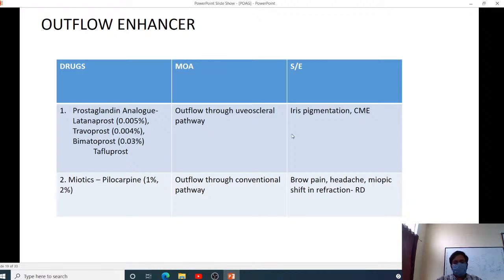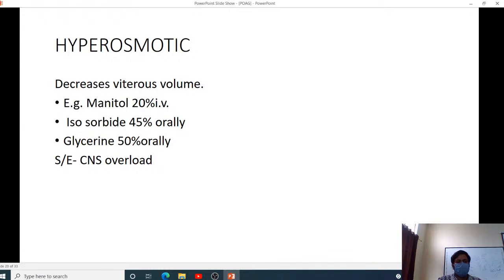They are iris pigmentation, cystoid macular edema, and anterior chamber inflammation. So it causes iritis, okay, and it causes skin changes in the lids, and also pigmentation of the conjunctiva and sclera. If the patient has secondary glaucoma or unilateral glaucoma, these prostaglandin analogs are contraindicated. You should not prescribe them.